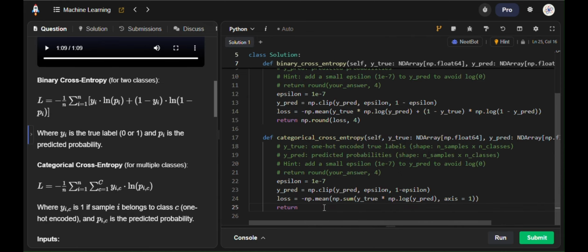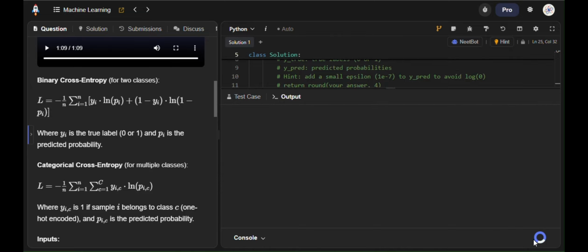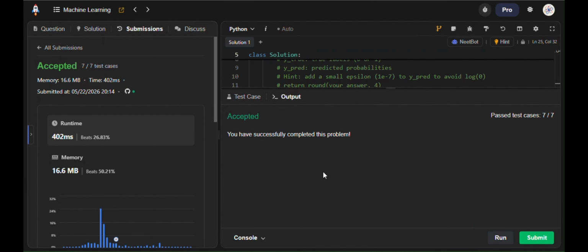Now we'll return the loss, and this loss would also be rounded to 4 decimal places. So this should work. As you can see, our initial test cases have passed. Let's now submit it. And as you can see, the problem is implemented successfully.